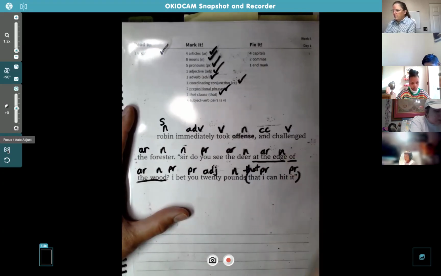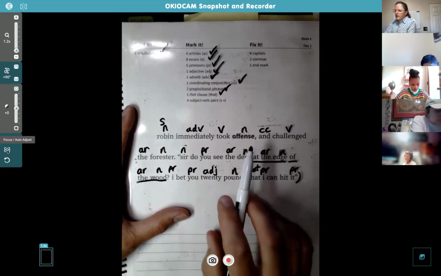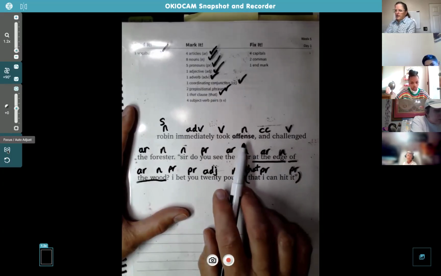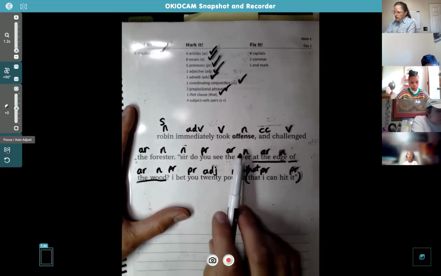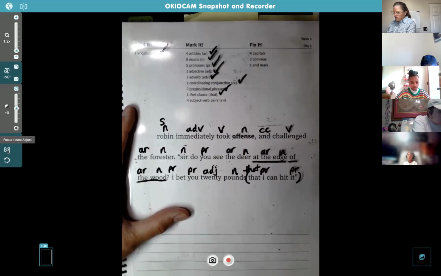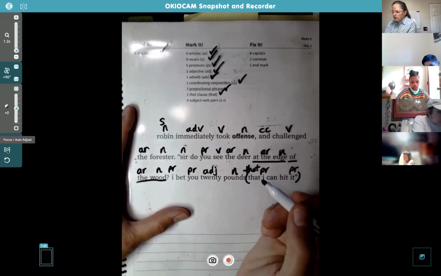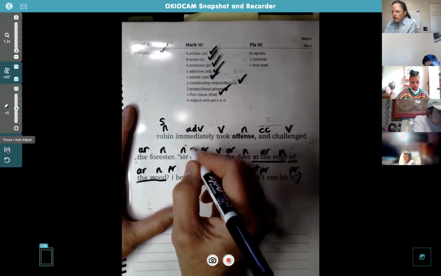Good. Another verb. Offense. Actually, that one is going to stay just a noun. Keep going. Forester. Nope. You're looking for a verb. See, good. That's one. It. Which one did you skip? Do. Do, good.